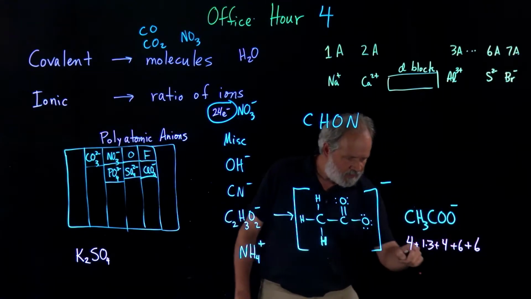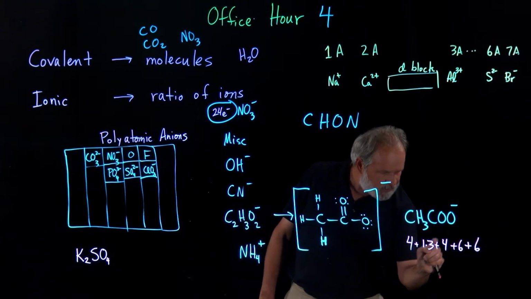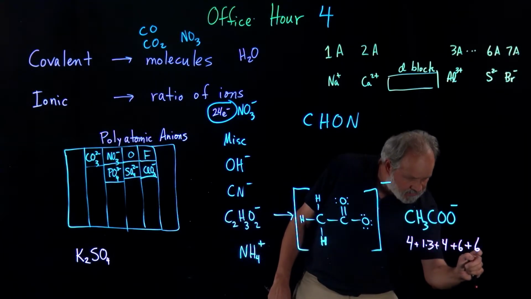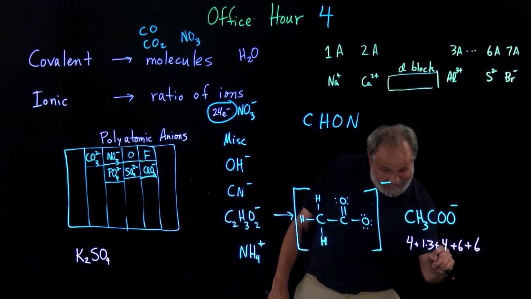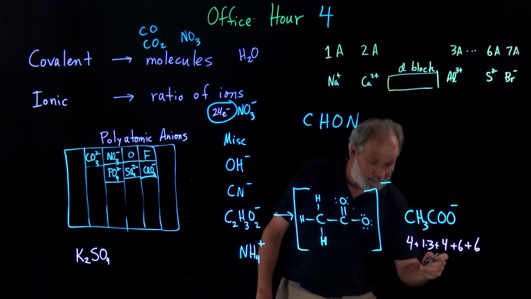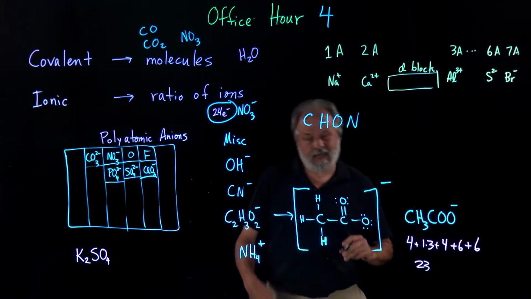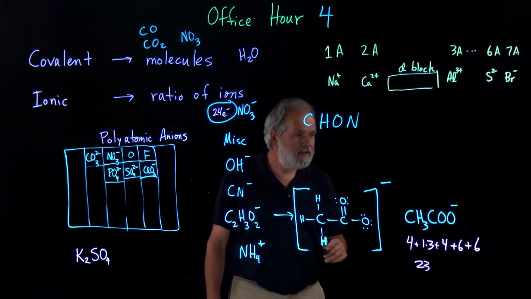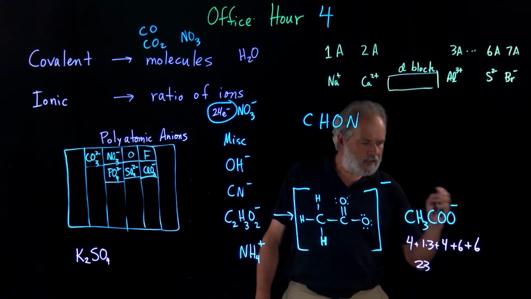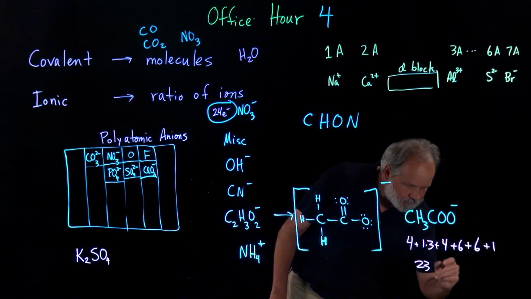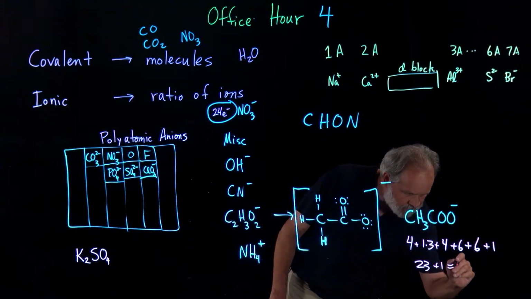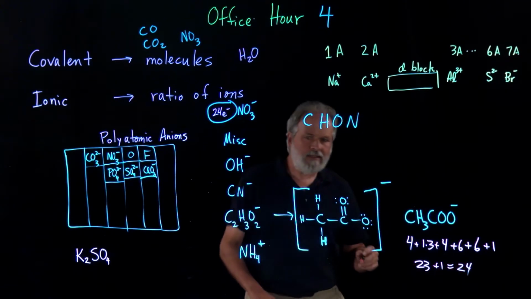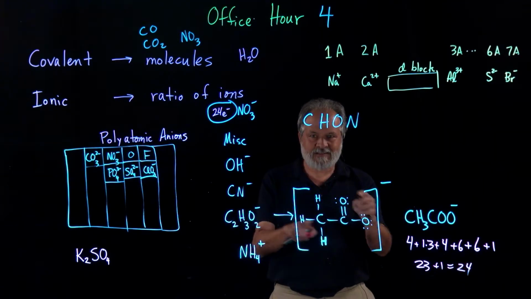Just add them all up. It's 12, 16, 19, 23. Okay, and that's an odd number, so not likely to have that. 1 more electron. 24. All right, so the question is, how does this affect the dot structure?